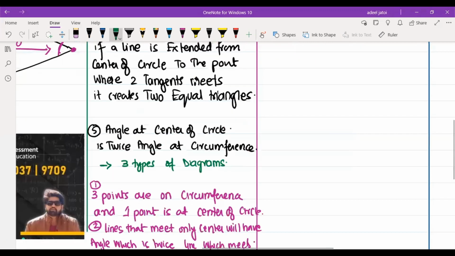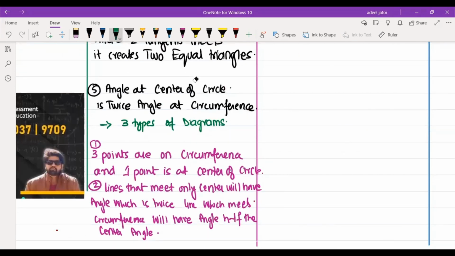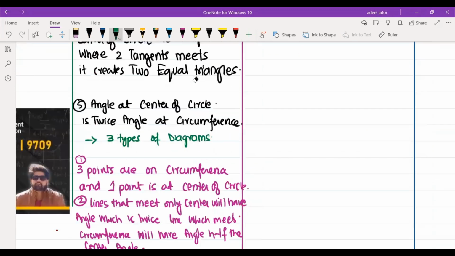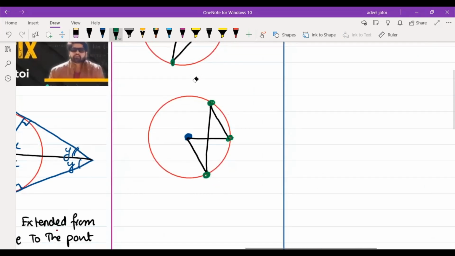So the property that we wrote down, 3 points on the circumference and 1 point at the center of the circle, meets this diagram as well. And if you look at this line and this line, this meets the center of the circle, so this should be what? 2x.